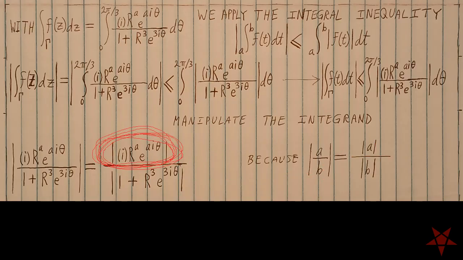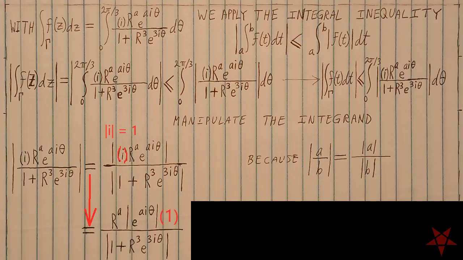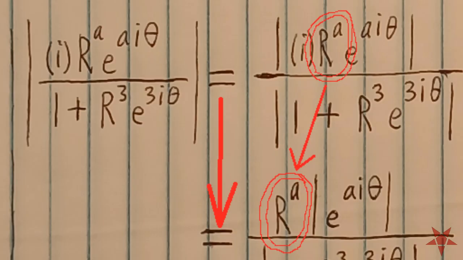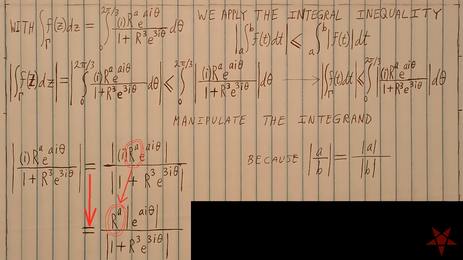Focusing on the numerator of the integrand in question, we find that we can pull the quantity capital R to the a outside of the absolute value because capital R is positive and real. The variable a is real, and thus the quantity capital R to the a is positive for all values of a considered in this exercise.